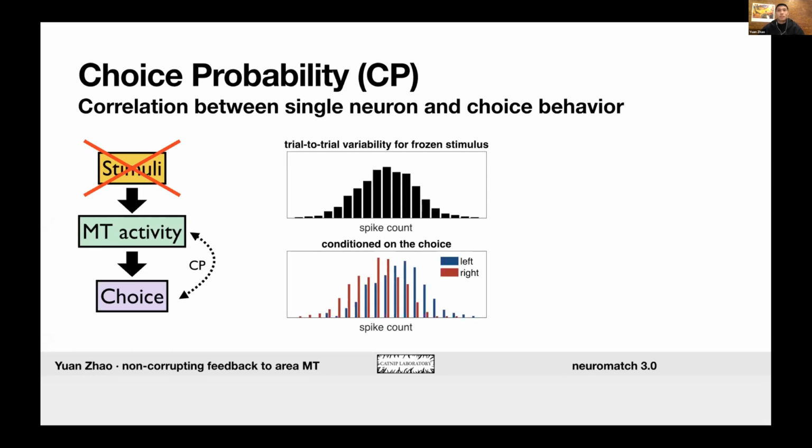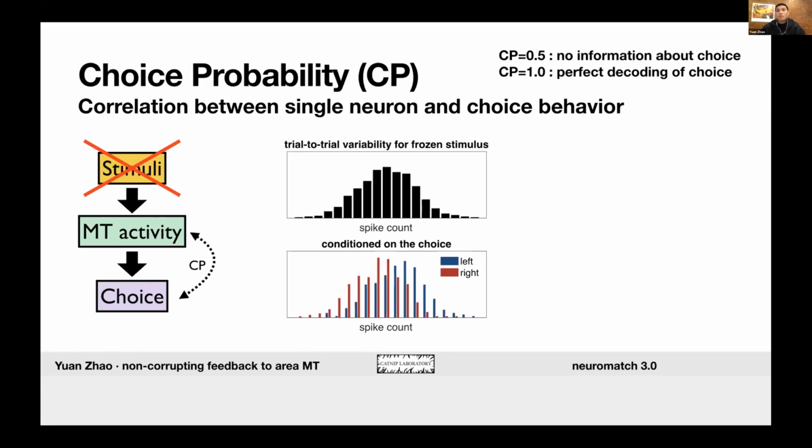So there's no variability in MT that is introduced by the stimuli, but there is still trial-to-trial variability for the frozen stimuli. And the choice probability is a measure of the separation between the distributions of MT activity conditional on the choices. For example, in this figure, you have 2 distributions conditional on the 2 choices.